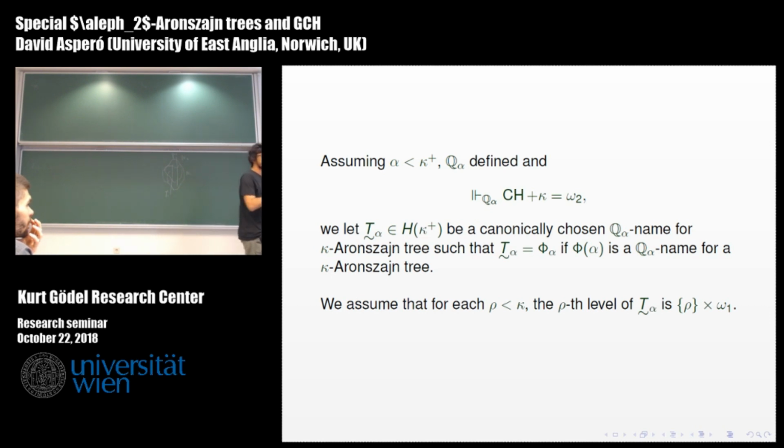The usual thing. So this is my sequence of names given by the bookkeeping. And I will assume for each rho less than kappa that the rho level of the tree T alpha is all pairs rho comma nu, where nu is an ordinal less than omega 1.